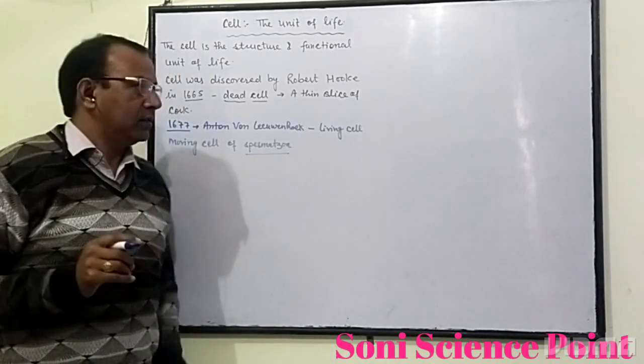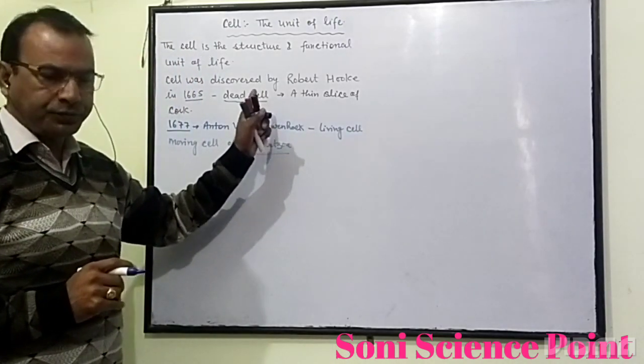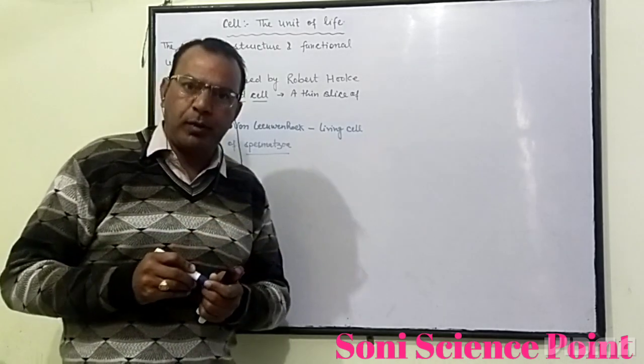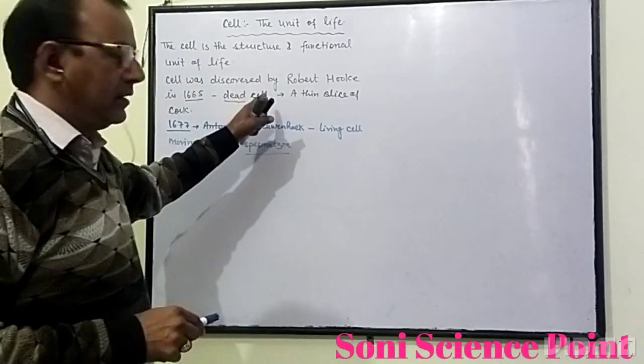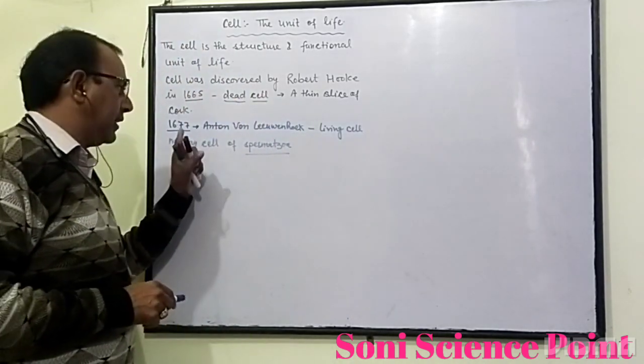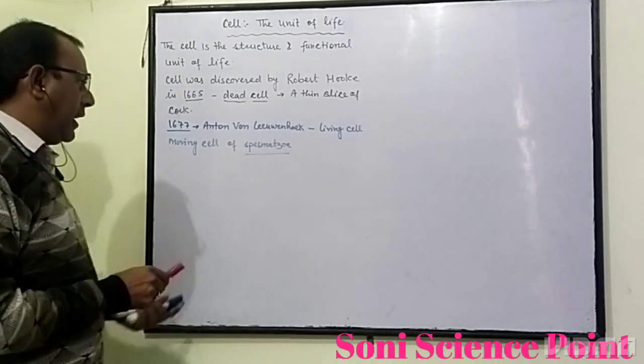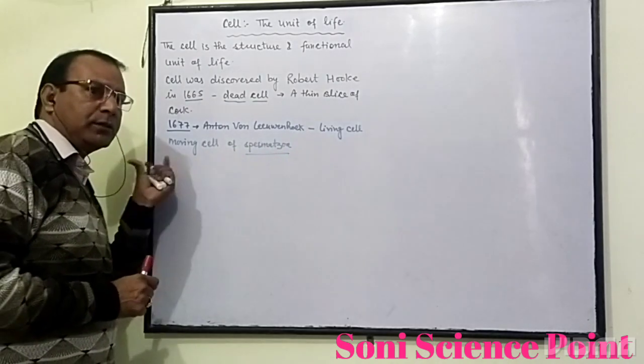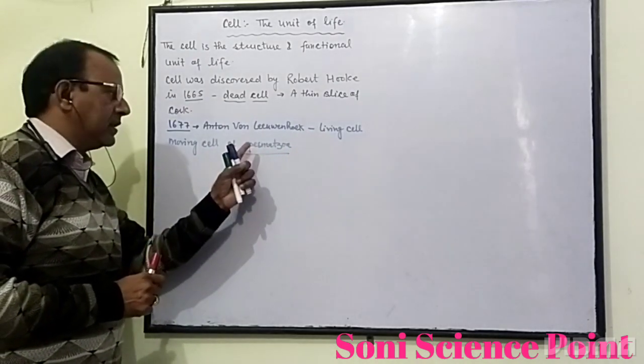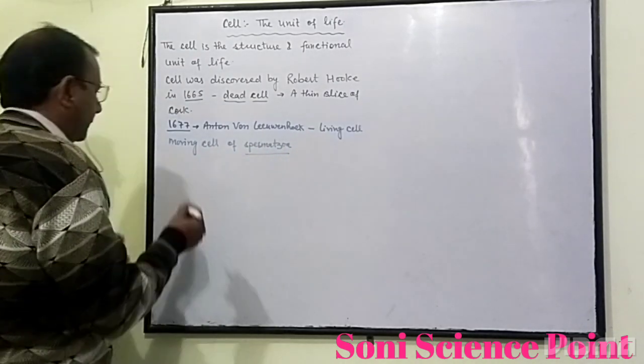So we can see that the cell was discovered by Robert Hooke, but that cell was dead. The first living cell was discovered by Anton van Leeuwenhoek in 1677, and that cell was living as well as moving, which was seen in spermatozoa.